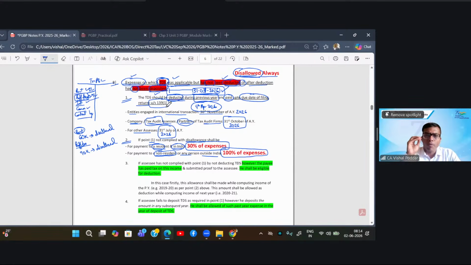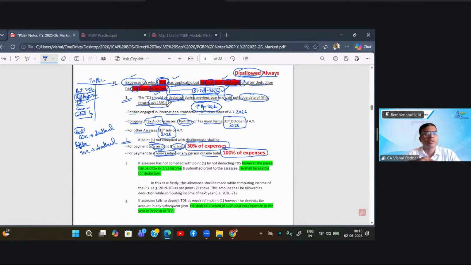So, what is the logic? When you are claiming an expense, I should show it as income. When you are deducting and reducing from your profit, so indirectly you are reducing your tax liability. I should have gone and paid my tax liability on this income. But to ensure that I do this in future, I do not evade tax, the government, the parliament thought of introducing the concept of TDS.